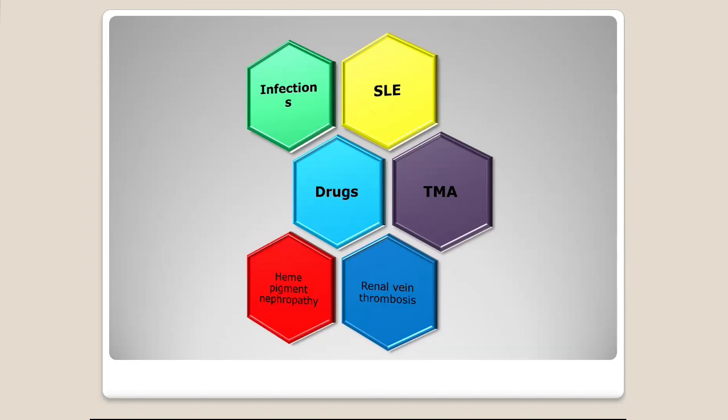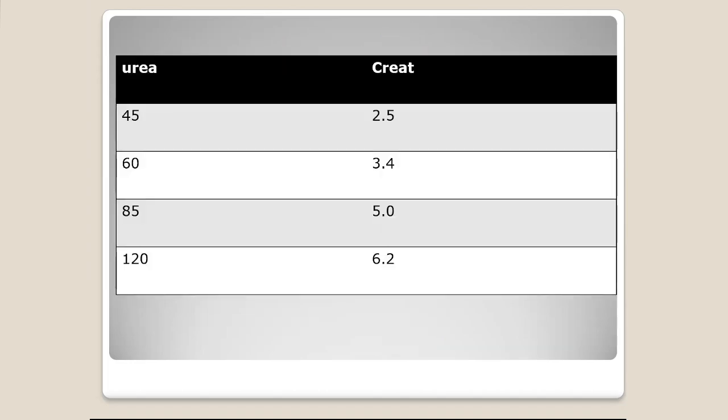And we had other differentials like renal vein thrombosis, since it can cause acute kidney injury, hematuria and a drop in hemoglobin in these patients.